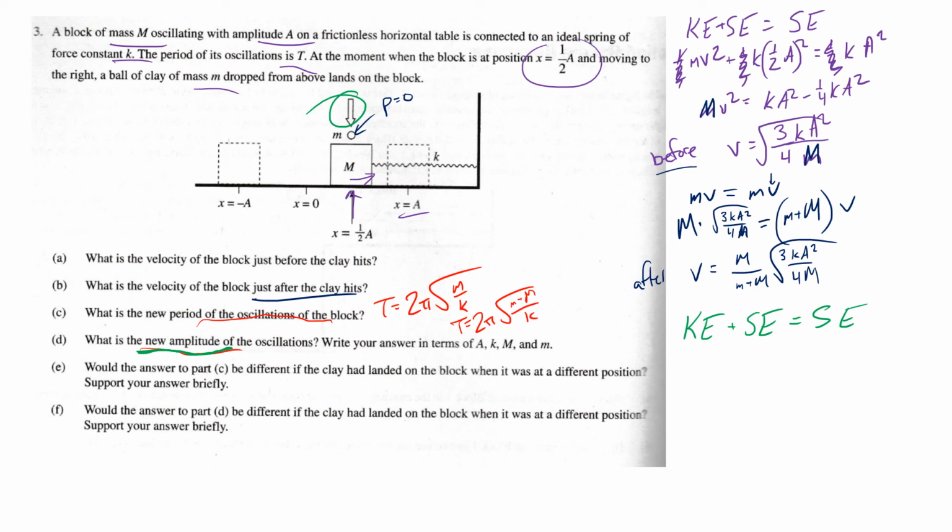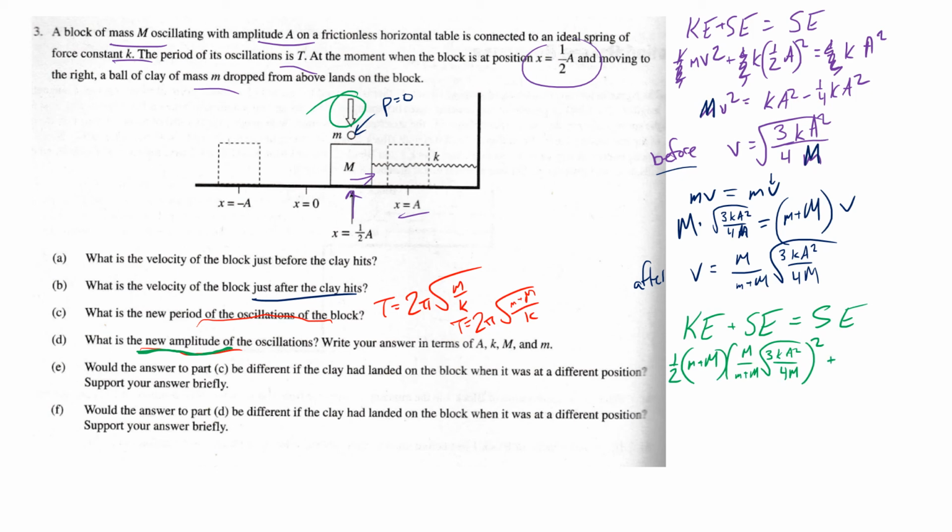So we know the kinetic energy. It's going to be 1/2 times mv squared. M is going to be little m plus big M. We know the V. The V is going to be this whole enchilada there: big M over little m plus big M times the big square root of 3ka squared over 4M, and that's all squared.